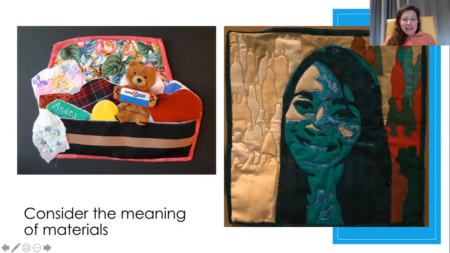I want you also to consider the meaning of materials that you might end up using. In these two examples, over here, this student was exploring her relationship with her grandmother. Her grandmother had passed away and her family was living in her grandmother's home, and there were still so many belongings of her grandmother that surrounded her and reminded her all the time, even though she didn't know her grandmother very well in life.